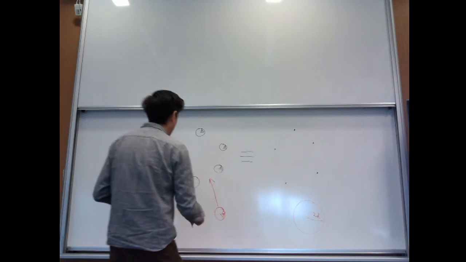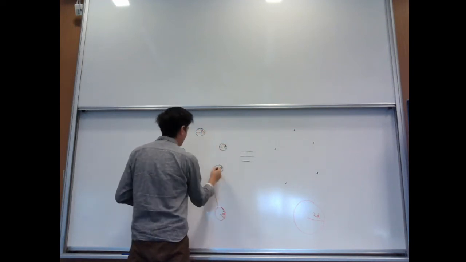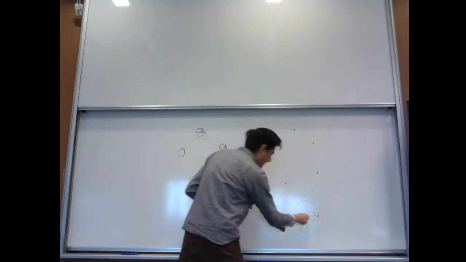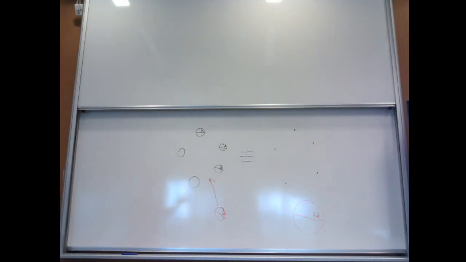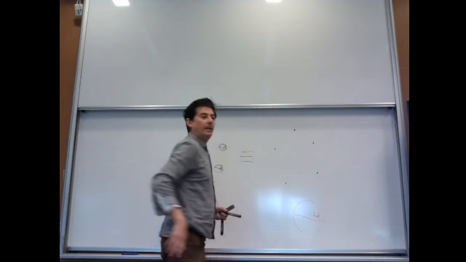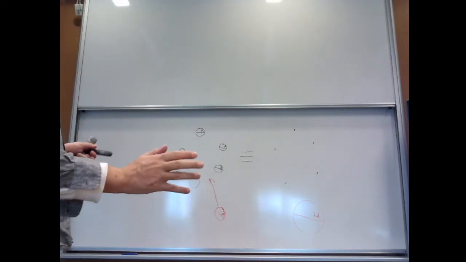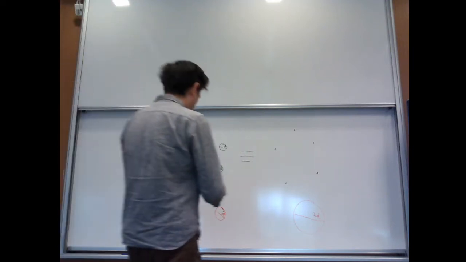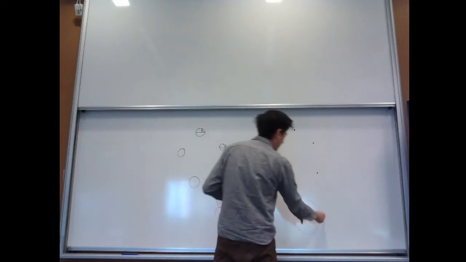Sorry, this is the diameter, so I've drawn it wrong again. Here is the diameter, and this is the diameter. So this ball of diameter 2d is going to come in, and we're going to figure out which atoms it's going to hit. So say it's coming in like this.